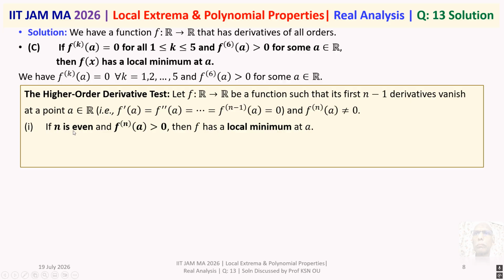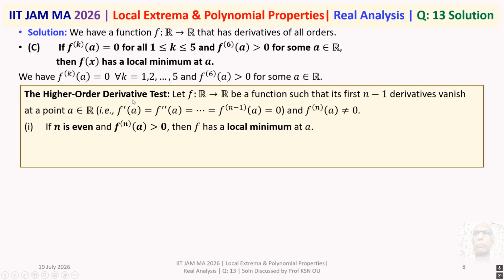If n is even and the nth derivative of f at a is positive, then f has a local minimum at a. This is the result for n equal to 2, right?